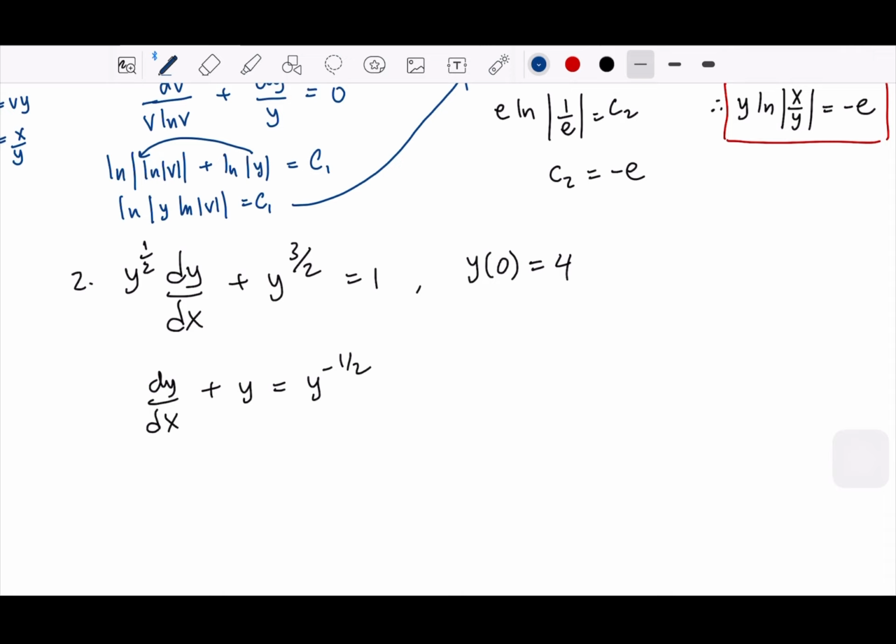And we need to force this equation to be linear. So we need to substitute something, according to this, that makes this become linear. So let's say u is y to the 3 over 2.